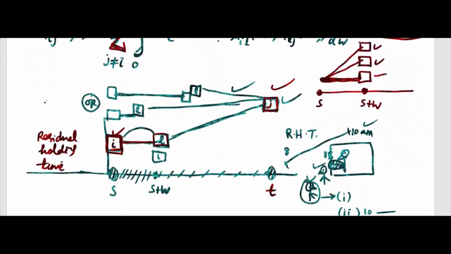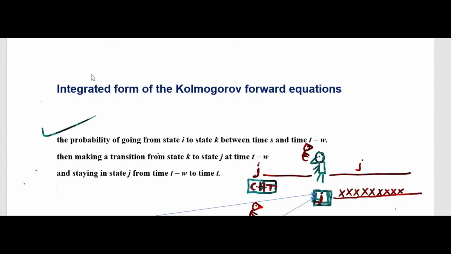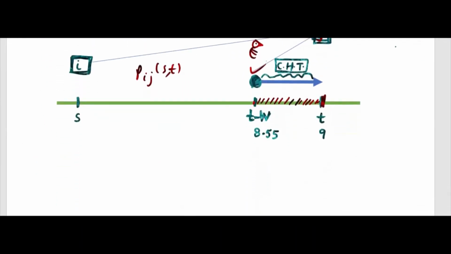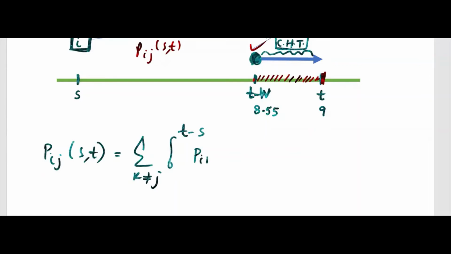And we'll write the three expressions here one by one. The probability that from I to K it will happen, then from K to J, and then from J to state J. Here P_IJ(S,T), summation K not equal to J, 0 to T minus S, P_IK.